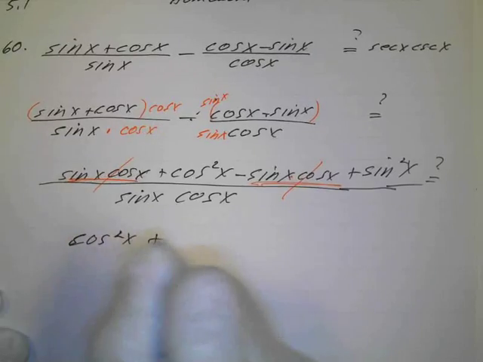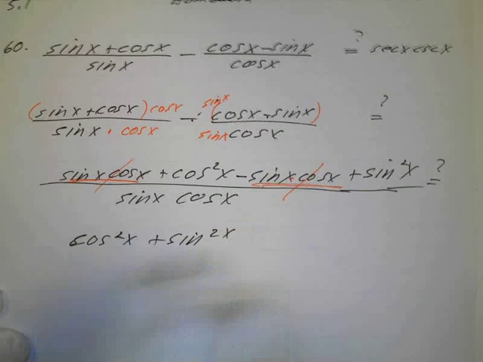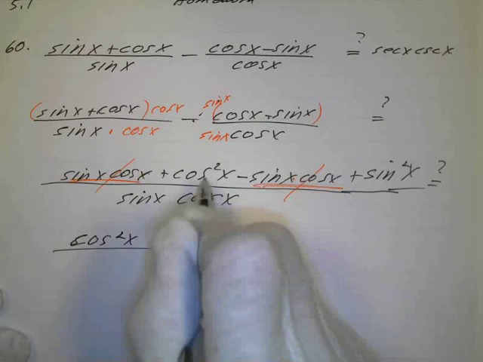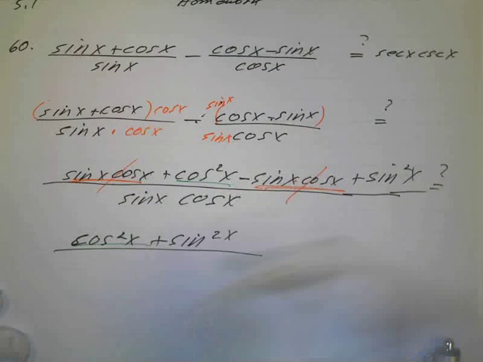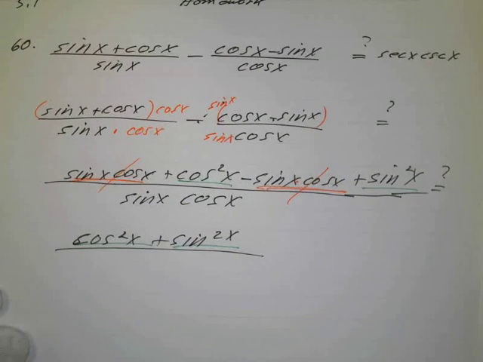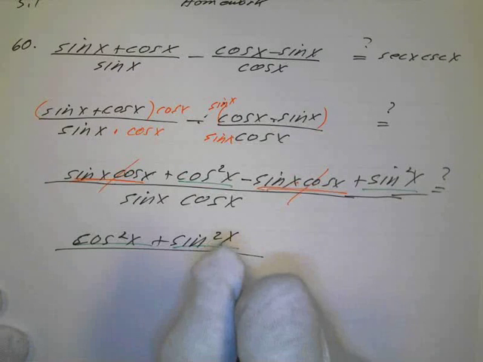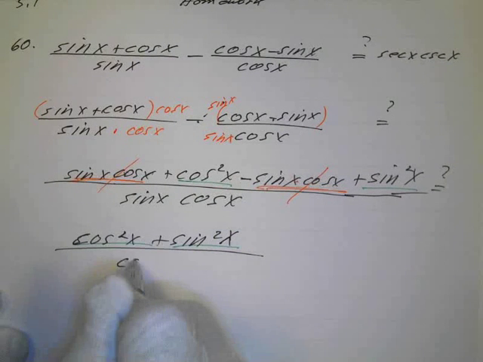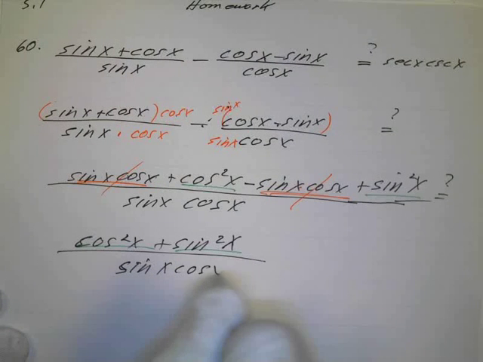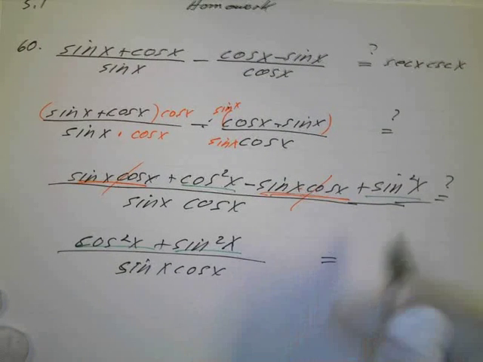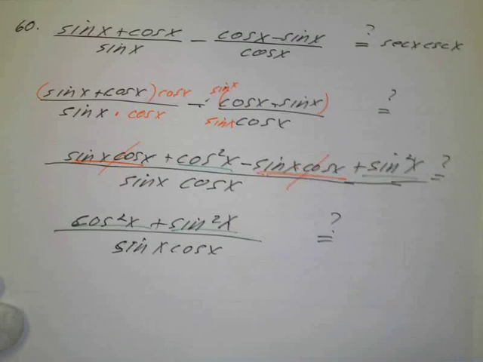Cosine squared of x plus the sine squared of x, all over, that's all that I have, these two terms here, the cosine and the sine squared of x, all over the sine cosine of x. And does that equal, that's my question mark, I guess I'll write it down here so we can see a little bit better.